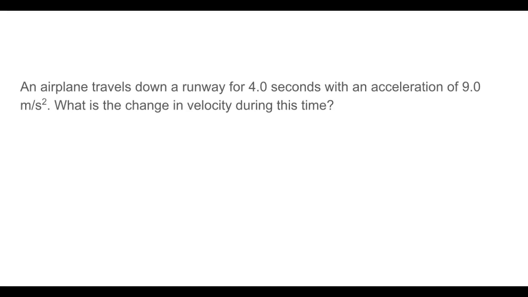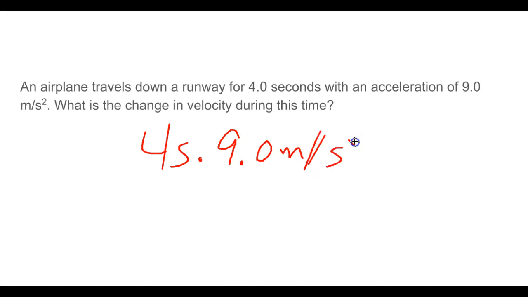Okay, so I just lost my problem. I would multiply both sides by 4 seconds, and when I do that, I'm just going to take off from where I was. And I'm going to say 4 seconds times 9.0 meters per second squared.